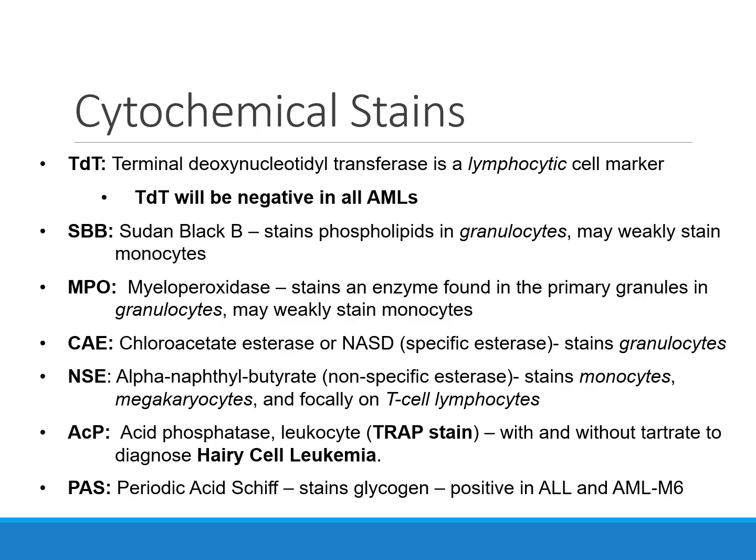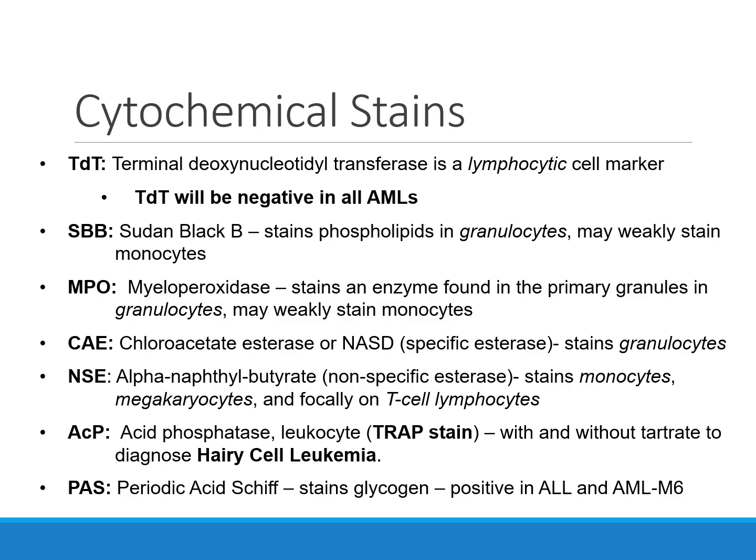For example, a stain called TDT, or terminal deoxynucleotidyl transferase, is a lymphocytic cell marker. So all cells from the lymphocytic line will stain positive in ALLs. But if it stains negative, we know we're not looking at a lymphocytic line. We are looking at a myelocytic line.